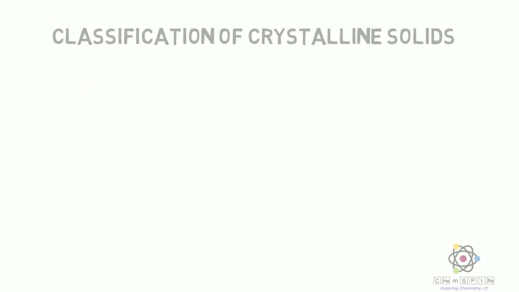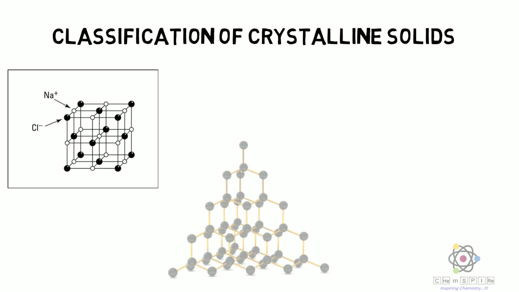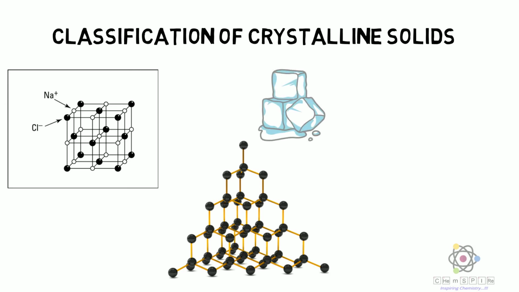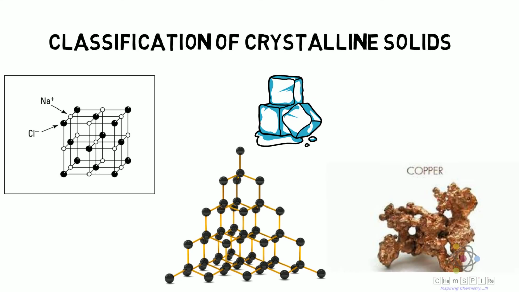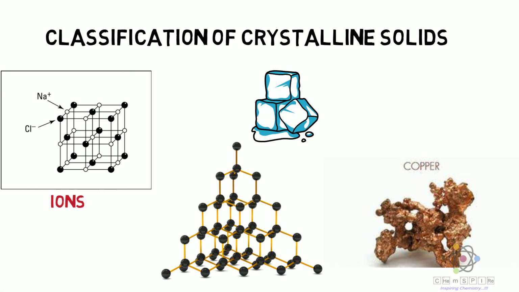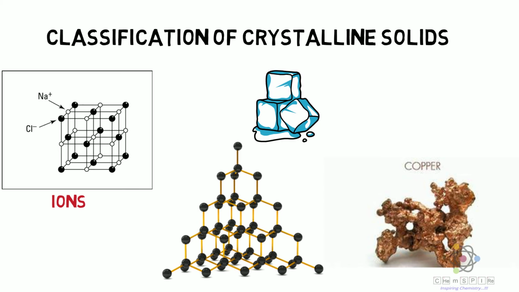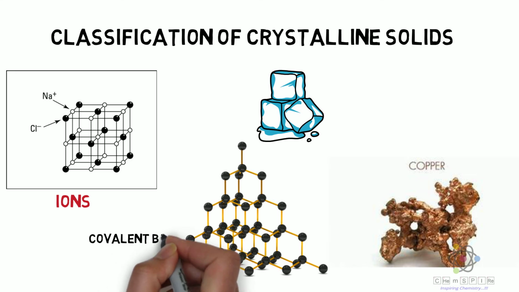Okay, so the next point is classification of crystalline solids. Now look at these images. First is a sodium chloride crystal. Second is the well-known hardest substance, diamond. Next is ice and copper. Sodium chloride is composed of positively and negatively charged ions. Diamond is also a crystalline solid, but all the carbon atoms are held together by covalent bonds.